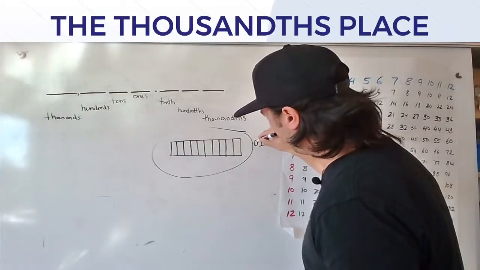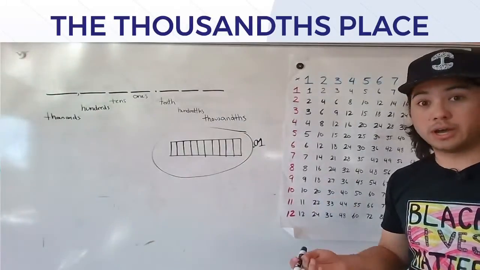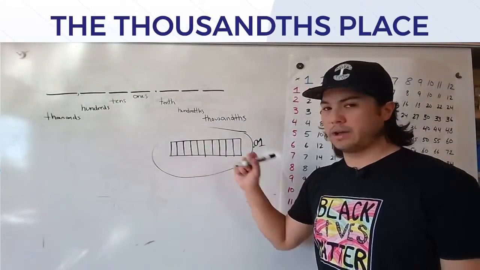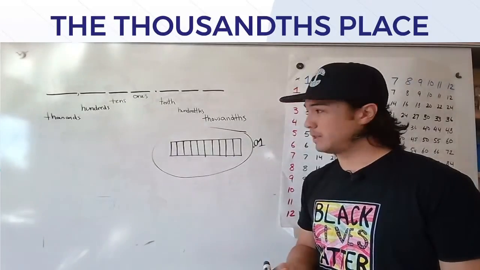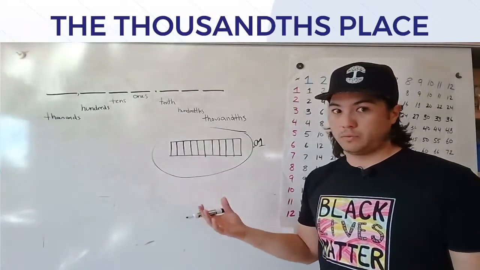And then, still following this, if the whole thing equals 1 hundredth, you divide it into 10 pieces, each one's going to equal 1 thousandth.